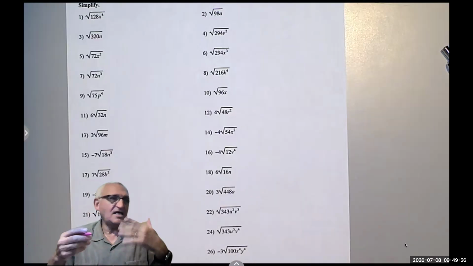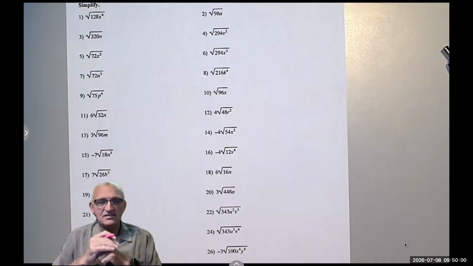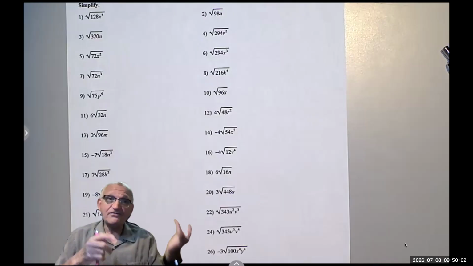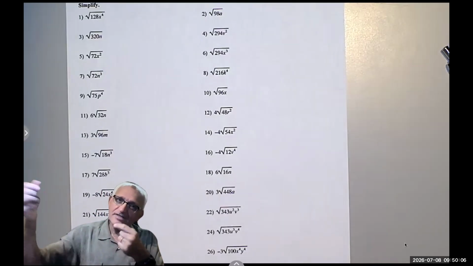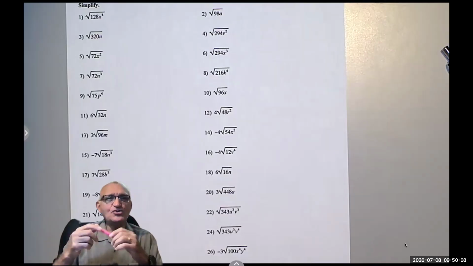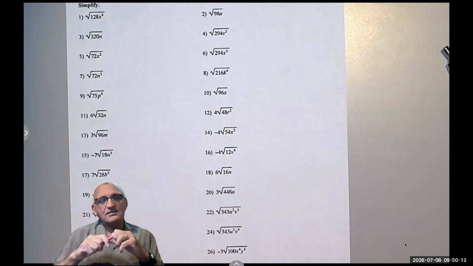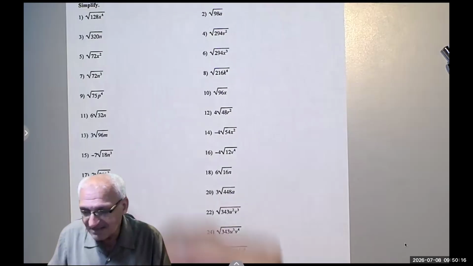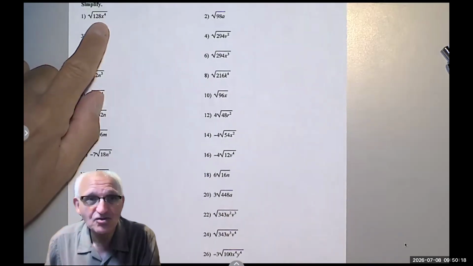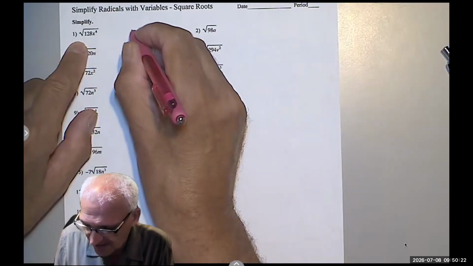Again, x cubed times x cubed: 3 and 3 is 6, so the answer is x to the 6. x to the 5th times x to the 5th is x to the 10th. Which means when I go in the opposite direction, all I have to do is divide the exponent by 2. If it's even, I'm lucky, and in this case it is even. It's x to the 4, so when I take it out, it will come out as x squared.